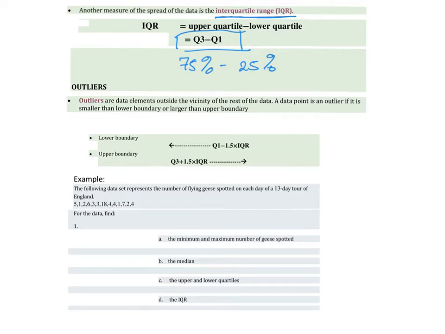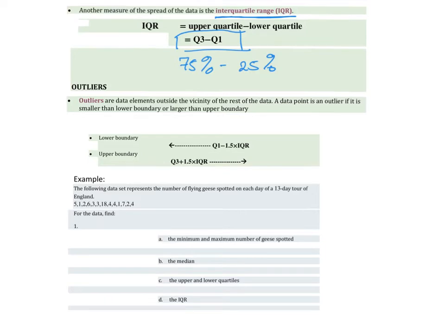So we do have a way of being able to work out outliers. Again, our calculator will show us what an outlier is, but we do need to be able to work it out. So what we're saying here is that Q1 minus 1.5 times the IQR is how we would work out our lower post, or our lower boundary.